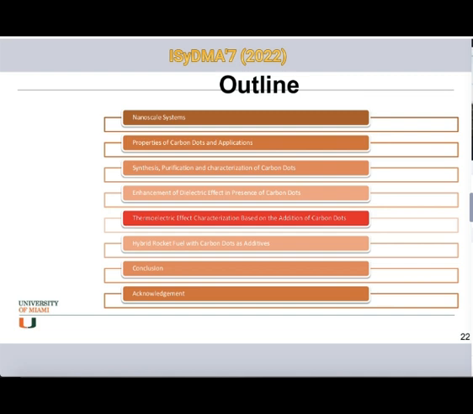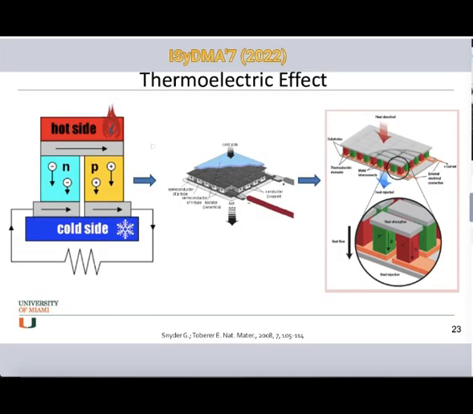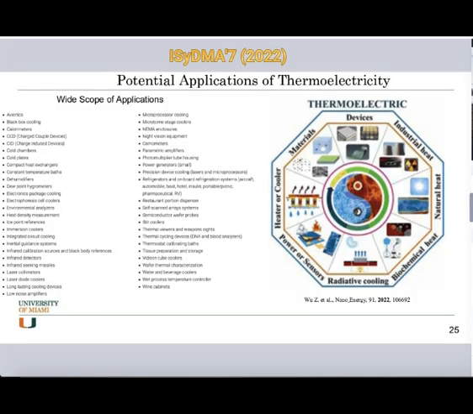I will try to be short because my time is limited. The next one is related to the thermoelectric effect. This means that if you have a difference of temperature, a hot side and a cold side, you will induce a voltage in your material. In the next slide, the material we use is mainly copper selenium.